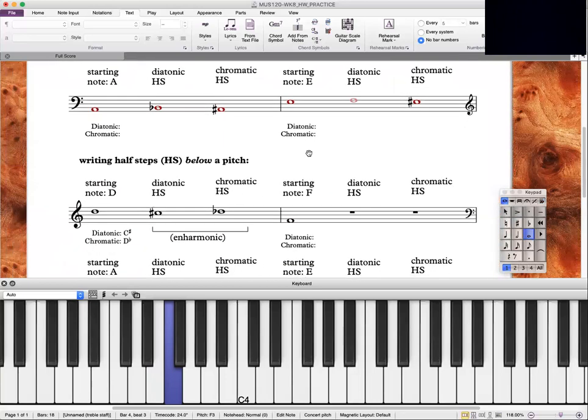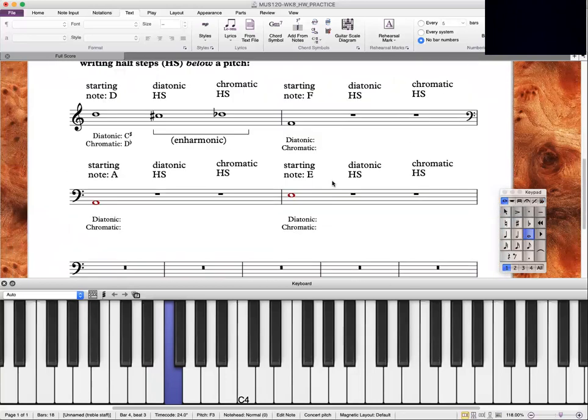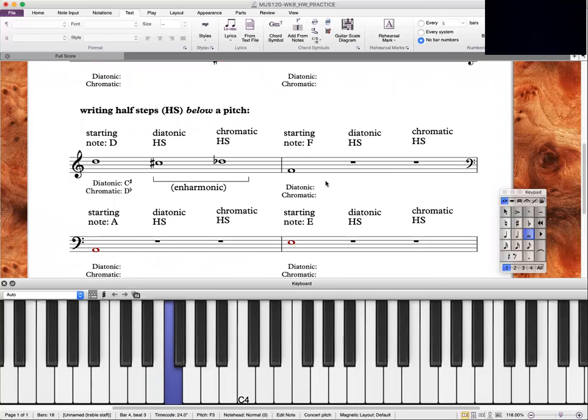All right, so let's try a couple examples of writing half steps below a given note. So here's our example. We start with the same pitch as before, the D natural. This time, the only thing that's changed, the process is exactly the same, except that we're finding the adjacent key one note below. Or if you're looking at a keyboard like this, it's just one key to the left, right?